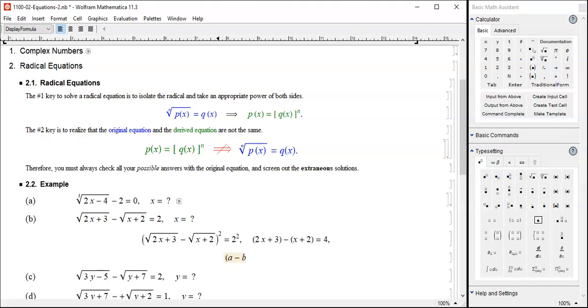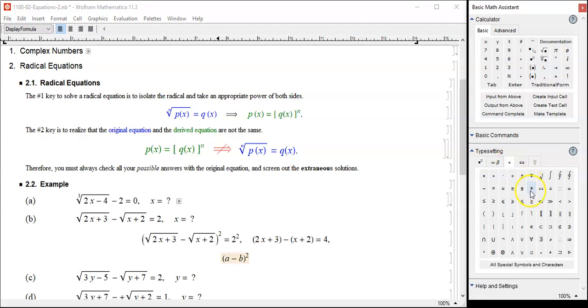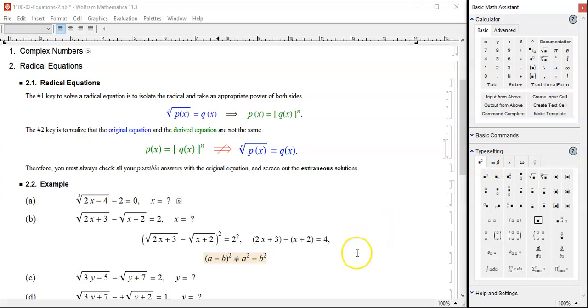A minus b squared is not equal to a squared minus b squared. It doesn't work like this. This is wrong. A minus b squared is equal to a squared minus 2ab plus b squared. This is the right way. Now, if you square this, square root will be gone.